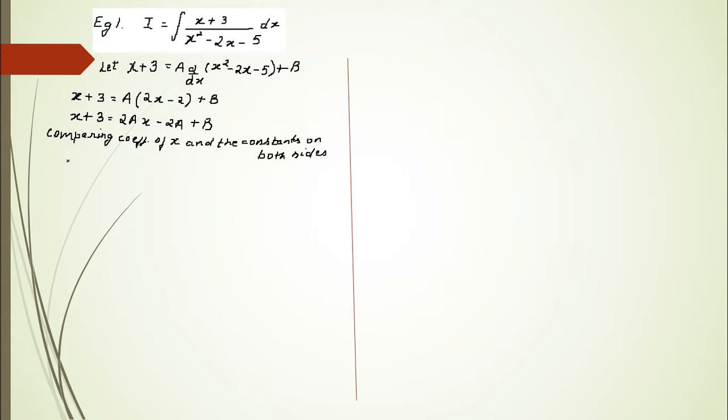So on the left side, the coefficient of x is 1, and on the right side the coefficient of x is 2a, so 1 is equal to 2a. Therefore we have a is equal to 1 by 2.